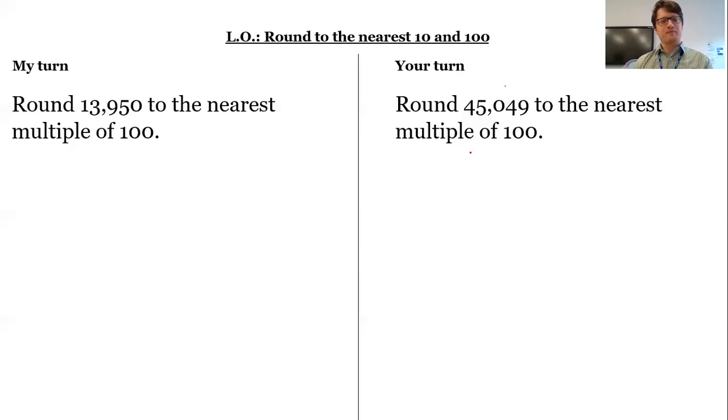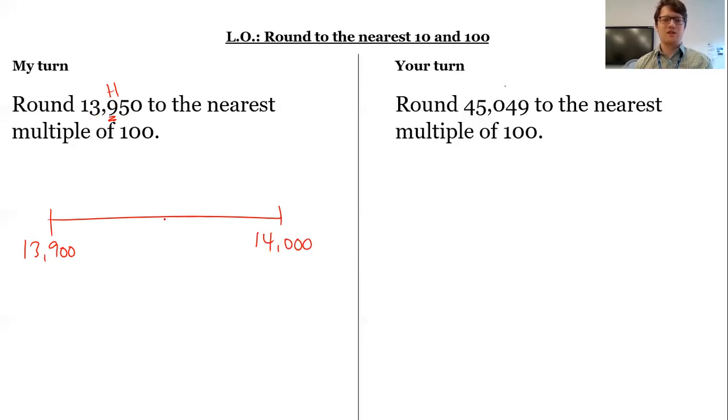And finally, just an example here of what happens when actually we have to change some of the digits a little bit. So here, I'm rounding to the nearest 100 again. So 13,900 as my hundreds column, that's the lower multiple of 100. If I add 100, I actually get to the next group of 1,000, don't I? Because 900, then add 100, I get 1,000. So I'm going to end up with 14,000.